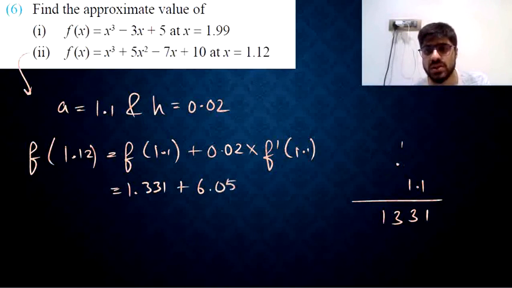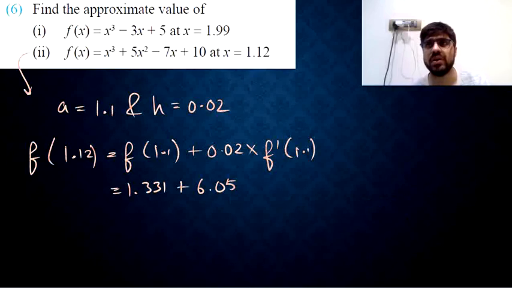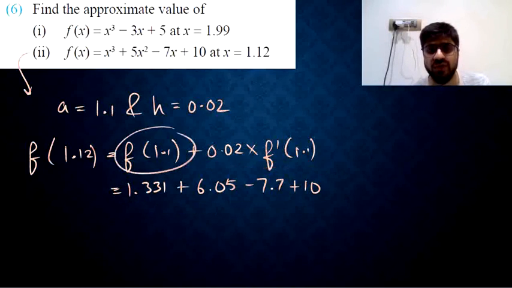Let me check that once. So 1.21 into 5, so that's 1.2 into 5, which is 6, and 0.01, and yeah, so 6.05 minus 7x, that is minus 7.7 plus 10, and that's the entire value for f of 1.1.